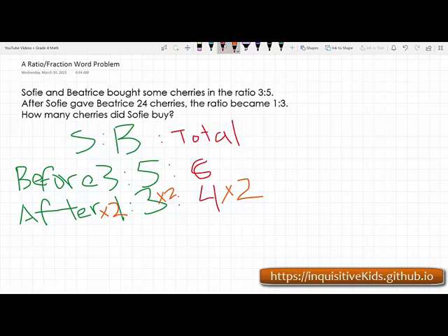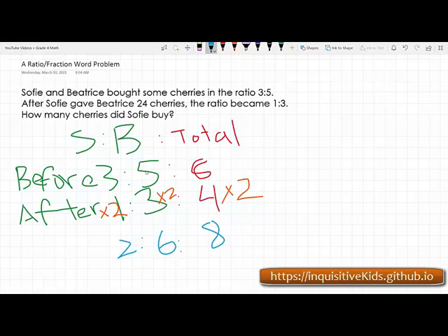So now the after ratio becomes 2:6. On Sofie's side, we see that the 3 changed into a 2, which means that Sofie lost some cherries. And on Beatrice's side, we see that the 5 became a 6, which means that Beatrice got more cherries.